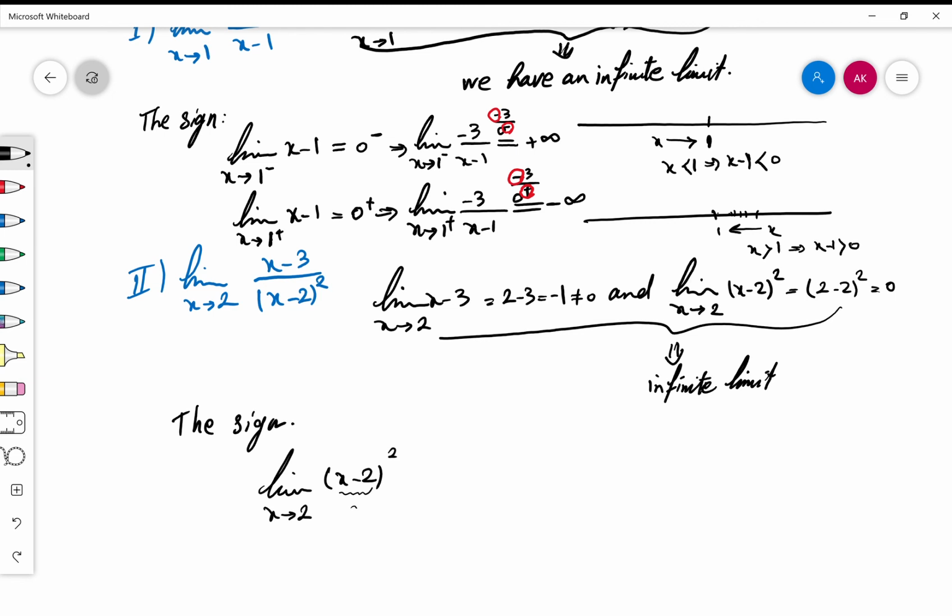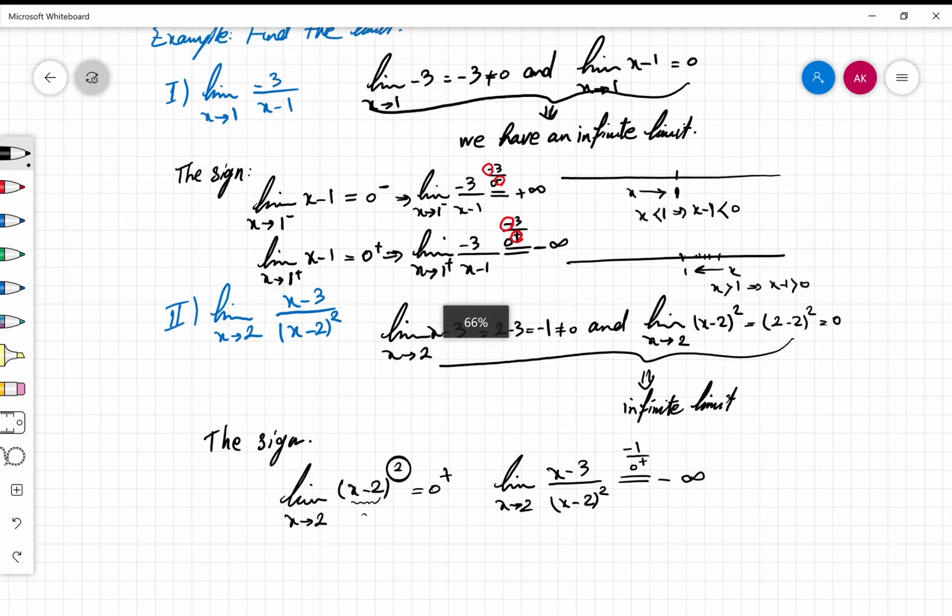But when you square it, it will always turn into a positive number. So the limit is always 0, but we approach from the positive side. And that means that the limit of x minus 3 over x minus 2 squared as x goes to 2 is negative 1 over 0 plus, which will be an infinite limit, but the negative of that.